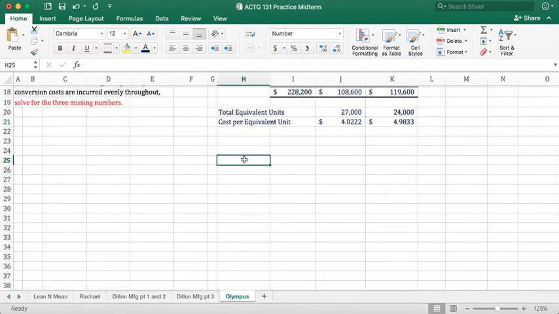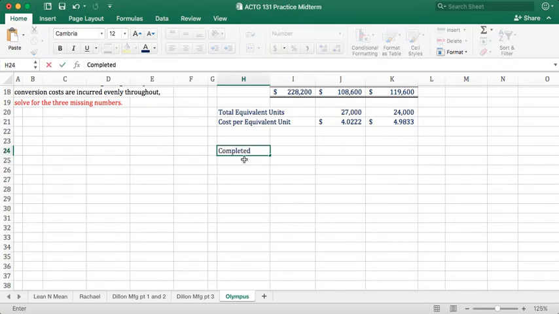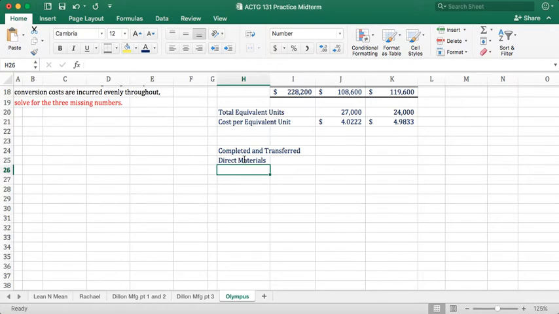So let's put that down here. Completed and transferred. All right, first we have direct materials, and then we have conversion cost.